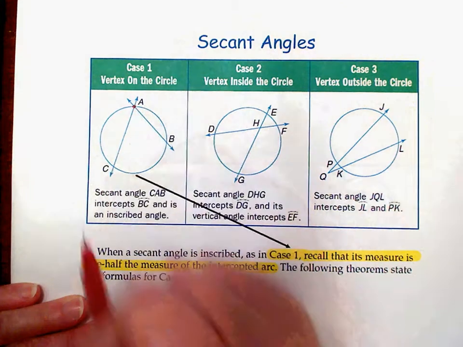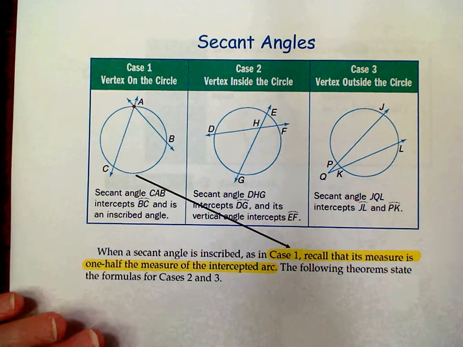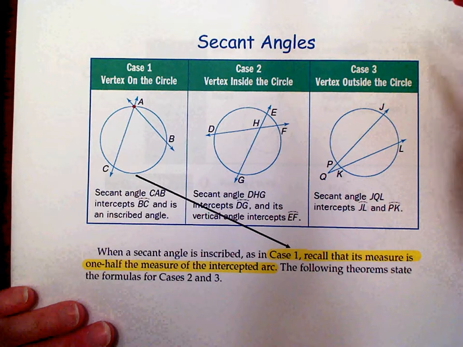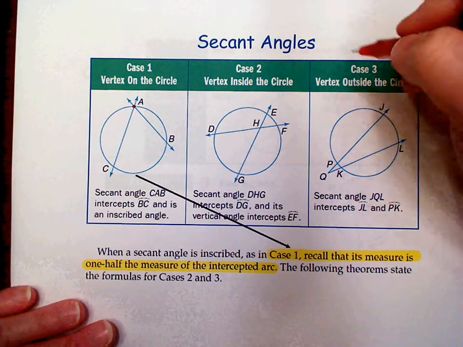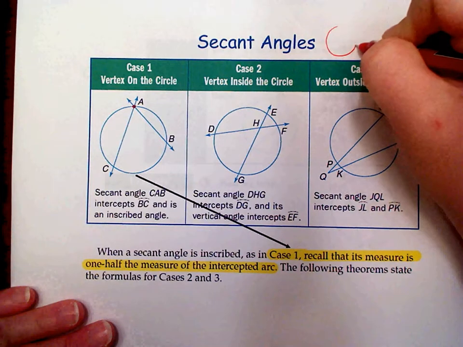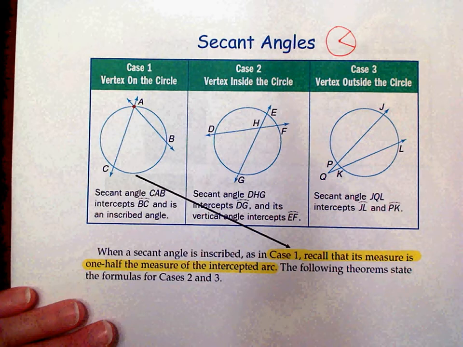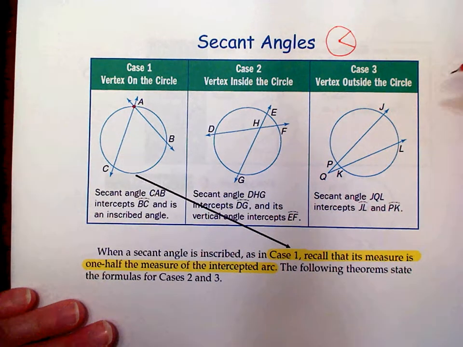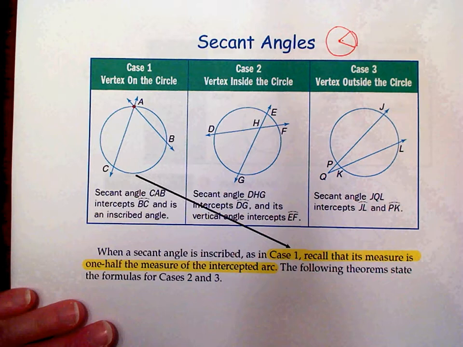Remember, I hope it's been stressed over and over again, anytime you're looking at the relationship between the arcs and the angles, you're only concerned with where the vertex of that angle is. The very first angle you learned was a central angle, and the vertex of the angle was the center of the circle, hence the name central angle. We learned that the angle and its arc have the same degree measure.